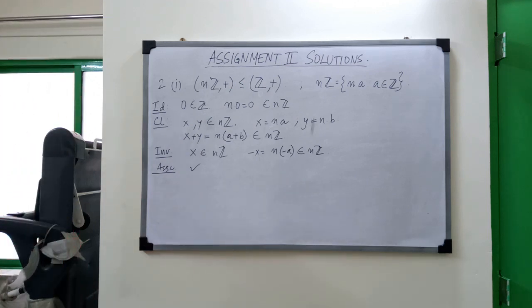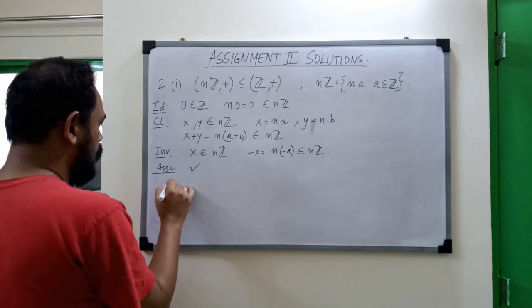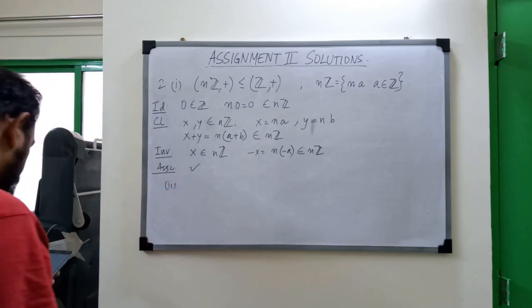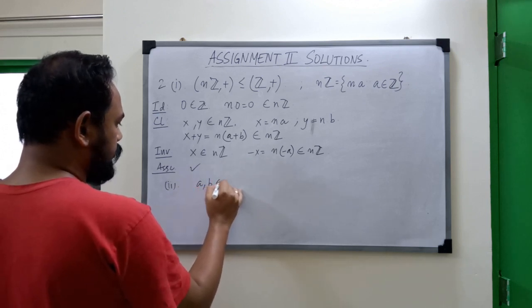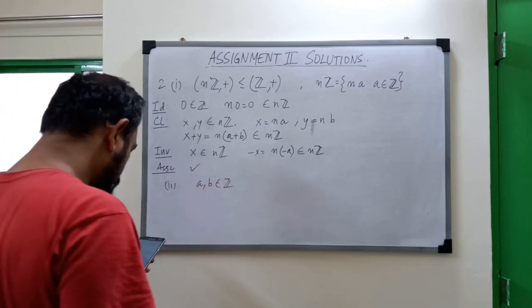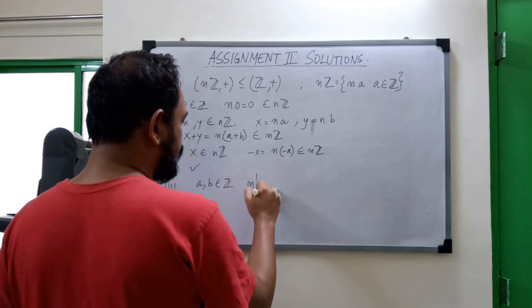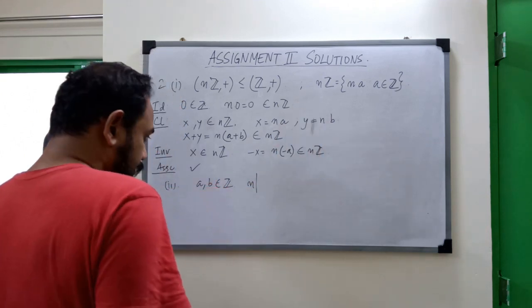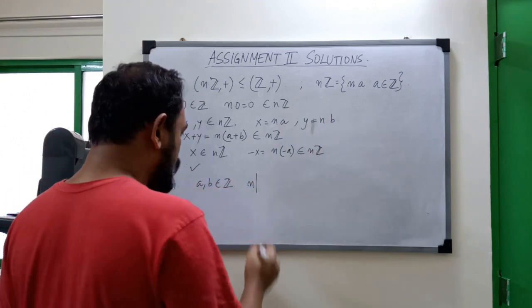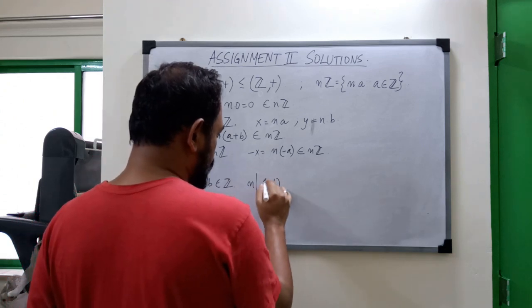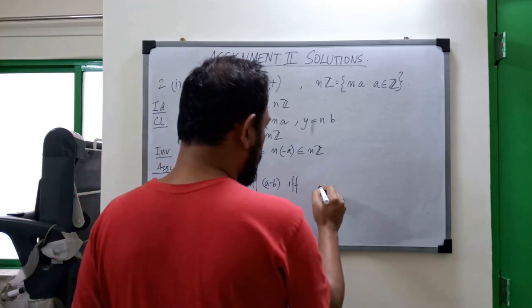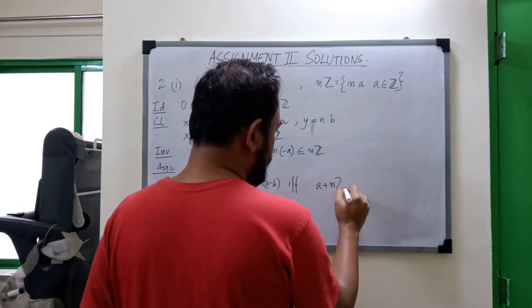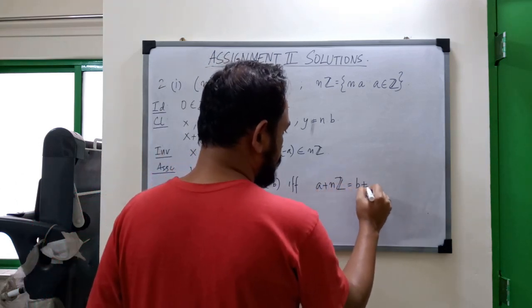The second part was to show that if A and B are two integers, then this natural number n would divide A minus B if and only if A plus nZ was equal to B plus nZ.